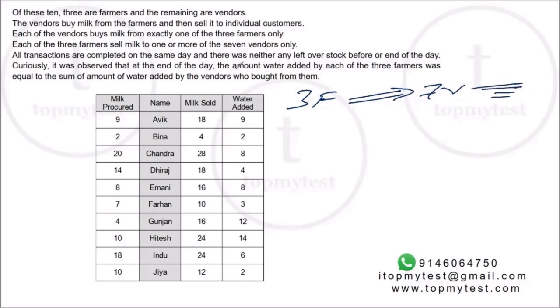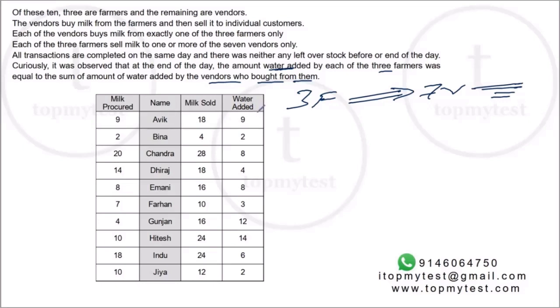And the last statement says the amount of water added by each of the 3 farmers was equal to the sum of water added by the vendors who bought from them. So for example, if Avik is a vendor, he does not know how much water is added by the farmer that sold to him. He is going to add 9 liters.